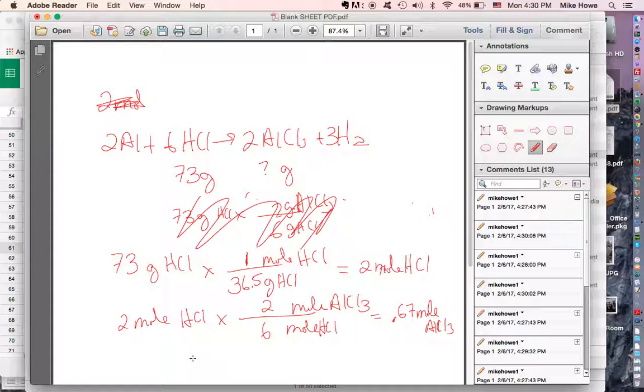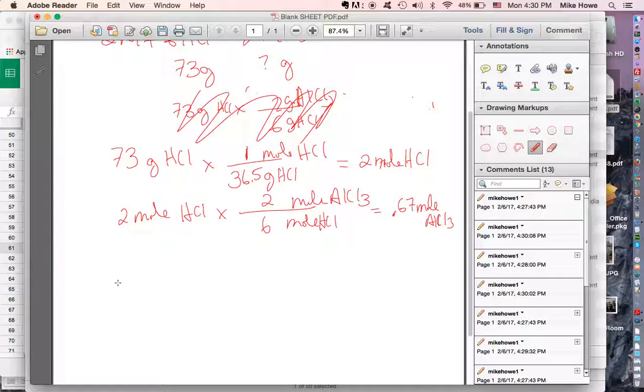Then if we take our 0.67 moles of aluminum chloride, we're going to change that back into grams now. Okay, so we know the moles of aluminum chloride, and we know how to change grams to moles. So you put moles of aluminum chloride down here, and you put grams of aluminum chloride on the top. 1 goes with moles. 1 always goes with moles except in this mole ratio step.